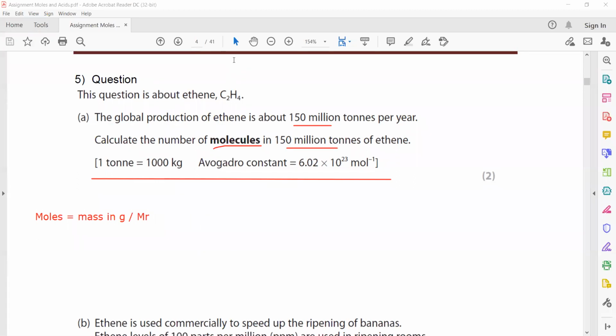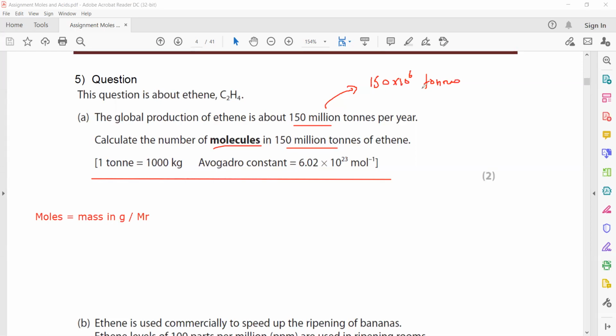So the mass in grams, it's 150 million. As I mentioned in the question, it is 150 million tons. First we have to convert this 150 million, so it is 150 times 10 to the power 6 tons.